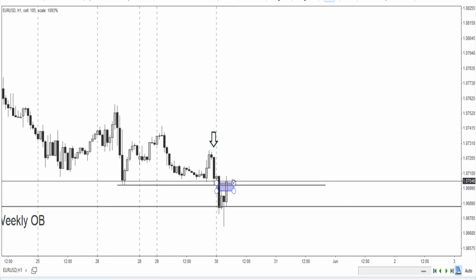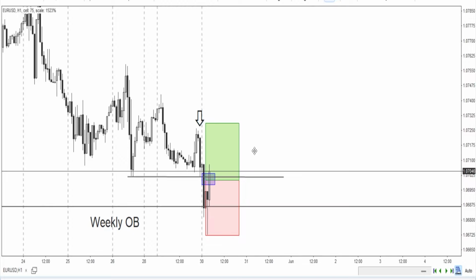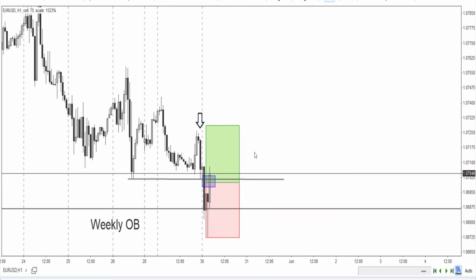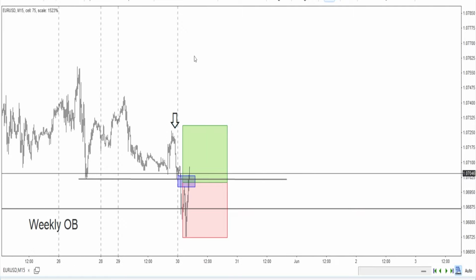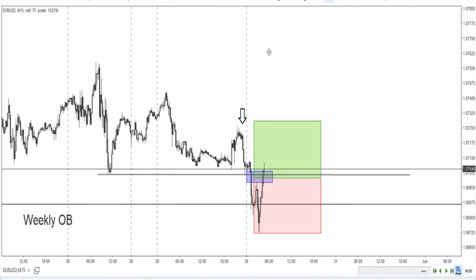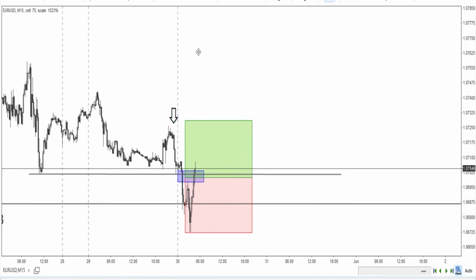I will zoom into the 15-minute time frame to show you the trade. Now I will zoom into the 15-minute time frame. I'll replay now.